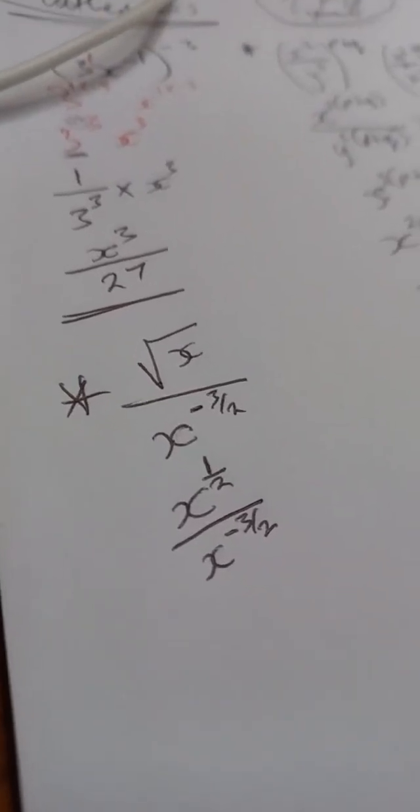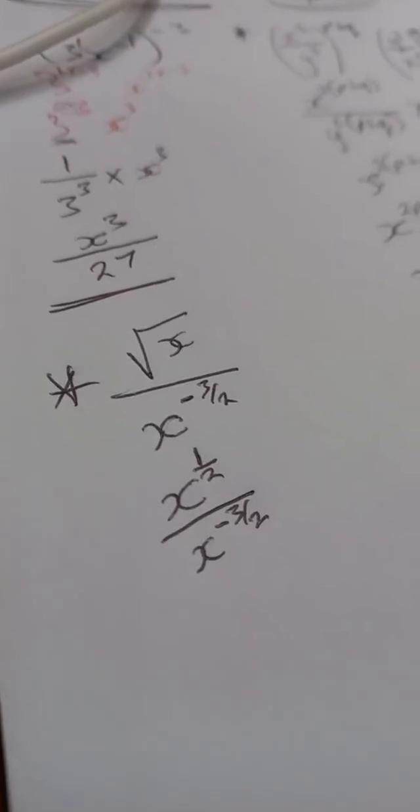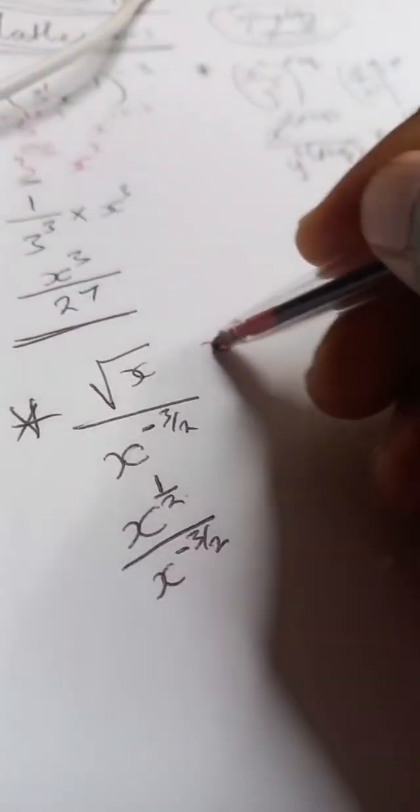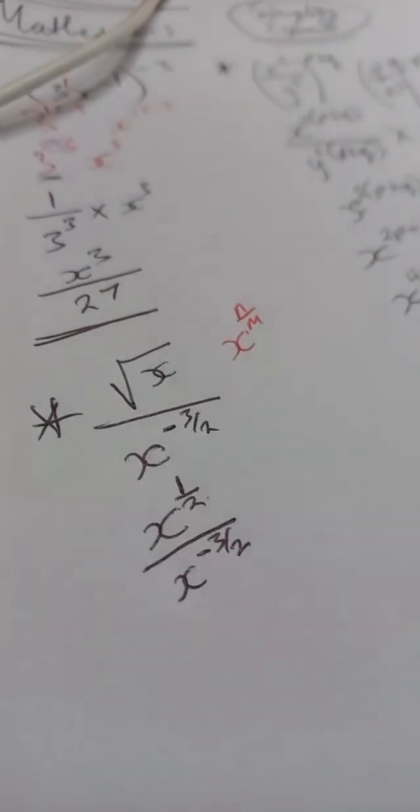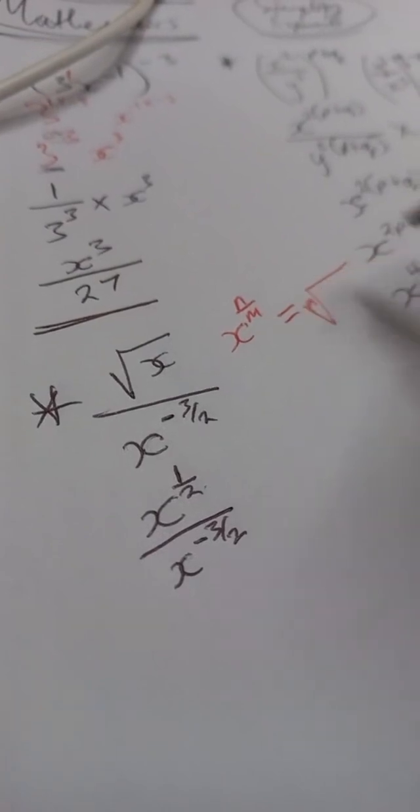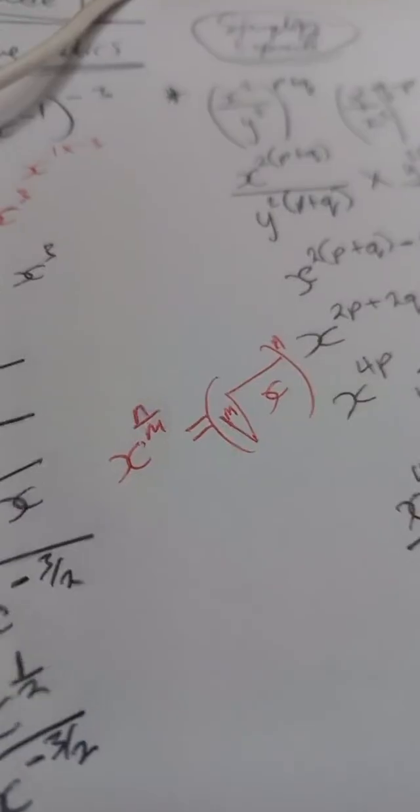Right? Now, the concept which we have applied here to change to this states that x to the power n over m, right, can be changed to the square root of, or cube root of, x, open bracket, n outside, like this.